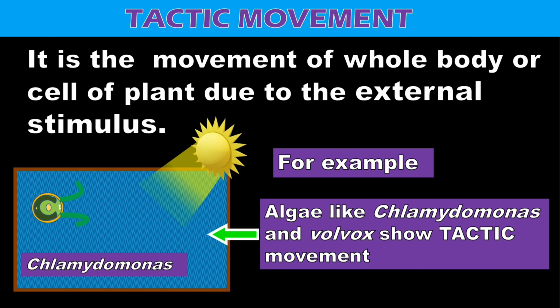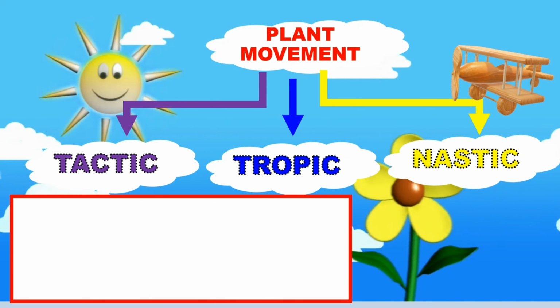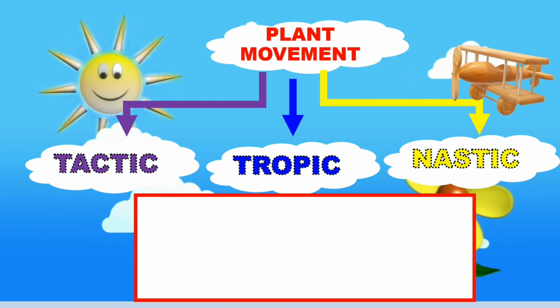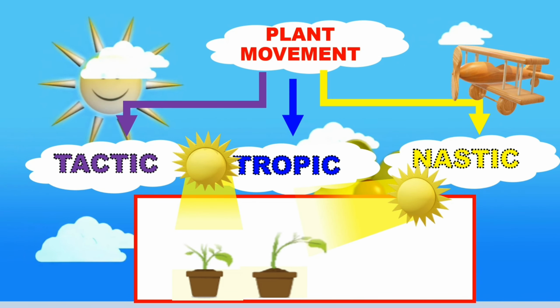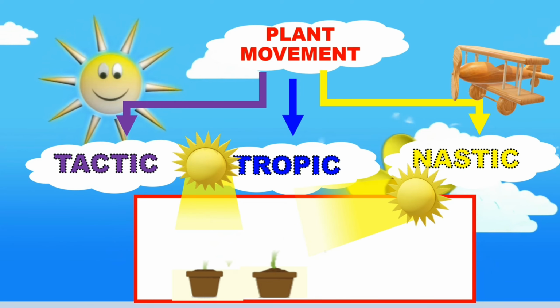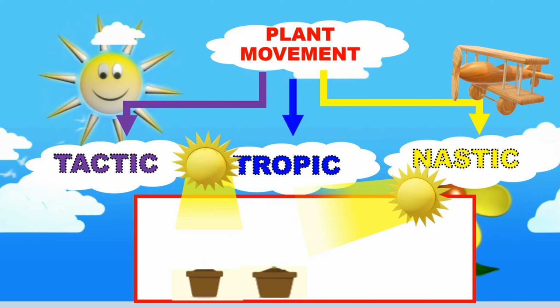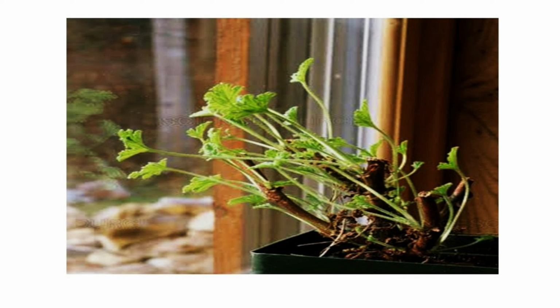The next kind of movement is tropic movement. You must have observed that the shoot of the plants grow towards the light and roots of the plants grow away from the light. And if you place a potted plant near the window, the plant will bend and grow towards the light.